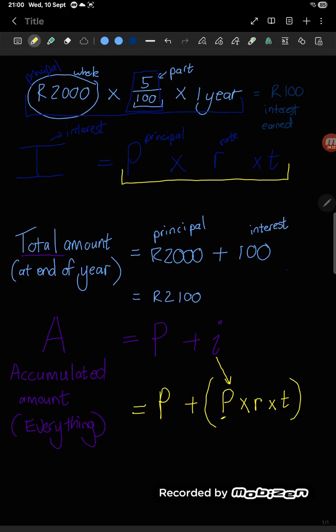Now, later on, because it's all times each other, can you see the interest is this? That's what we wrote out the interest to be.